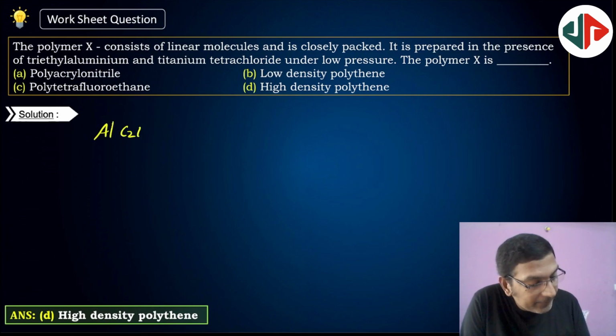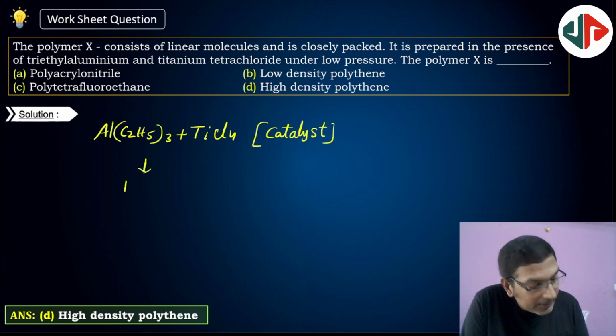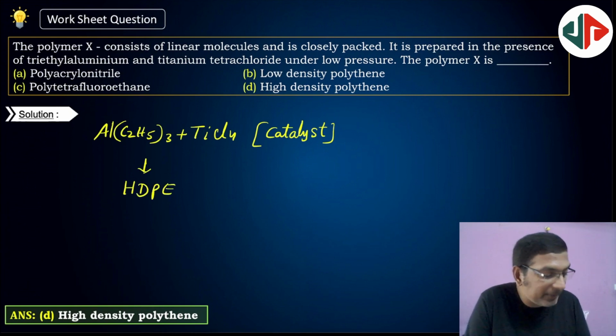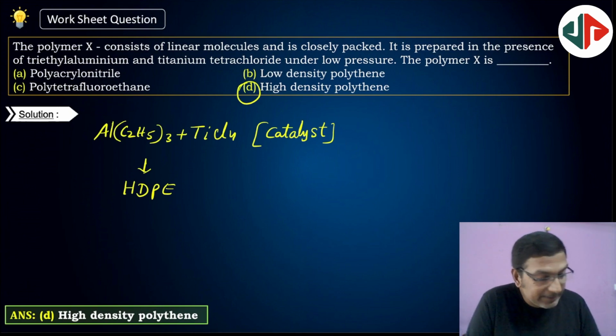Triethyl aluminum and titanium tetrachloride is the Ziegler-Natta catalyst, which gives high density polyethylene, HDPE. Option D. Next.